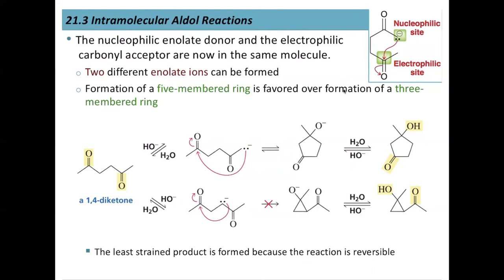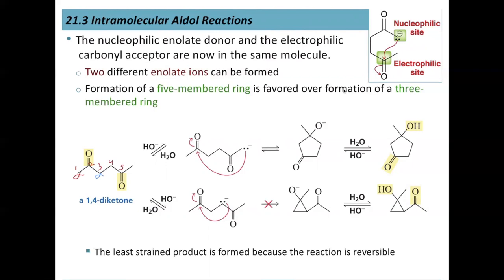So let's look at this example down here, this 1,4-diketone, and look at our possibilities. Again, we're going to have two different alpha protons. I've got these on the outside, I've got these on the inside. If I count from the red alpha protons to the carbonyl, that would give me a 5-membered ring.